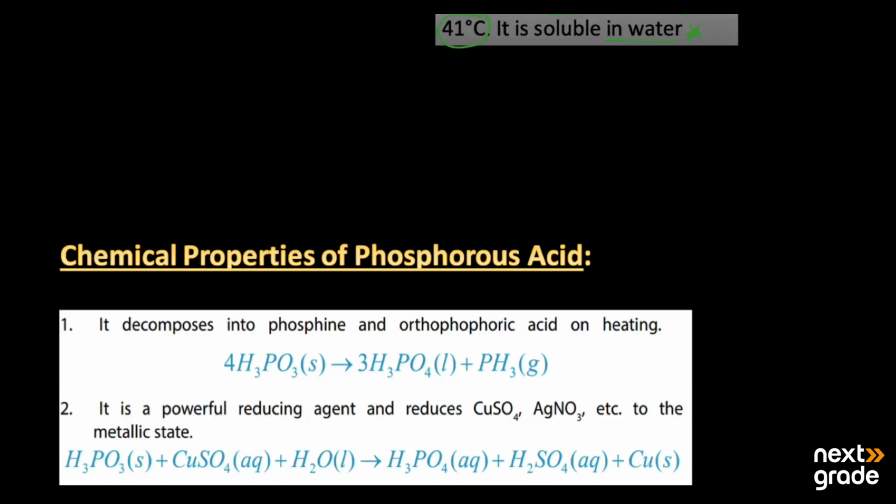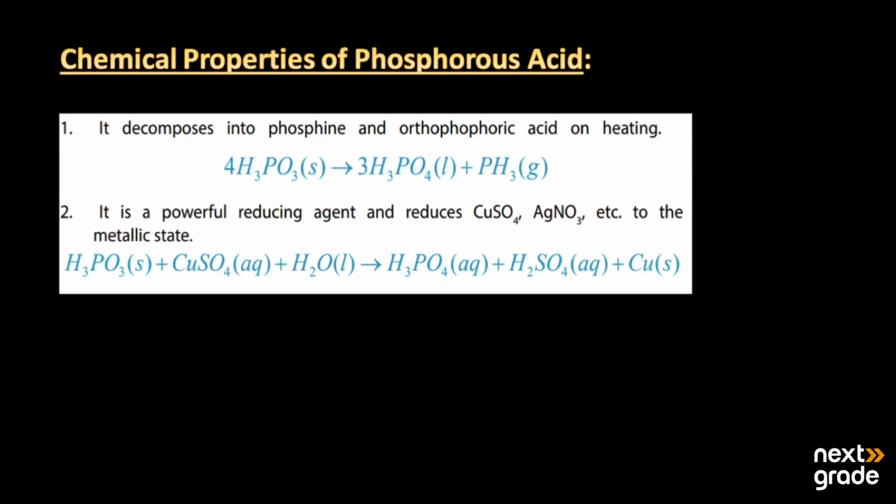After this, we have the chemical properties. Number one, we have the chemical properties of phosphorus acid. Here I'm going to write its formula, H3PO3. The first chemical reaction is its decomposition. When we have the phosphorus acid in the solid state, it decomposes into two products upon heating.